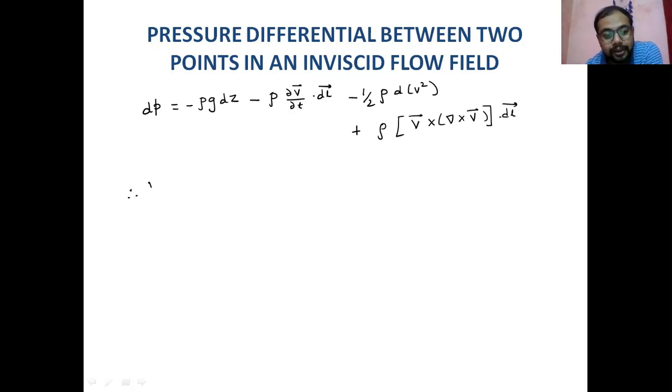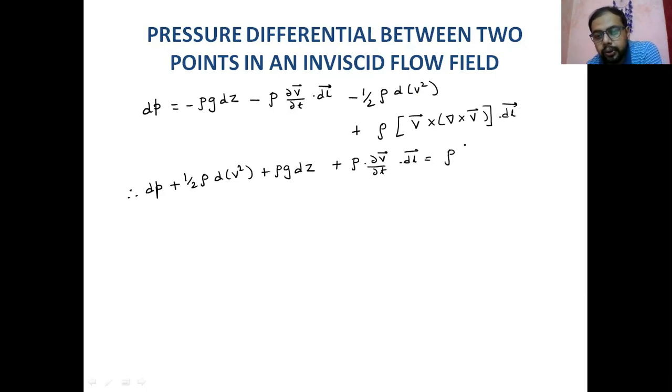So dp plus half rho dv square plus rho g dz plus rho del v del t dl is equal to rho v cross, so curl of velocity vector is known as the vorticity vector.